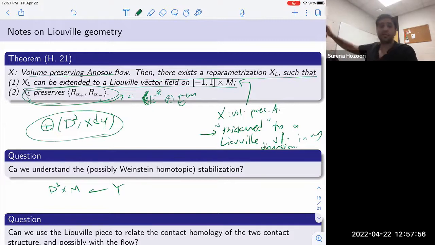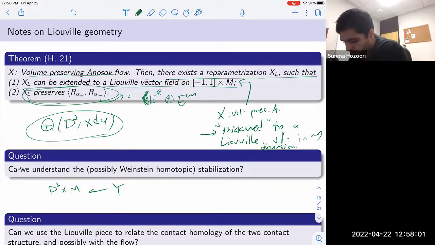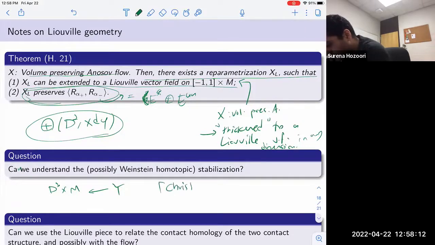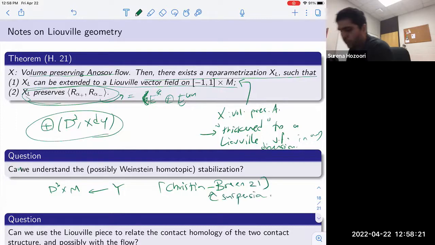So adding this summand is called stabilization. What I'm asking is whether we can understand the possibly Weinstein homotopy of these stabilizations. In particular, Christian and Breen, I guess last year, showed that for suspension Anosov flows, after adding one of these D2 summands, you can deform things to become Weinstein.